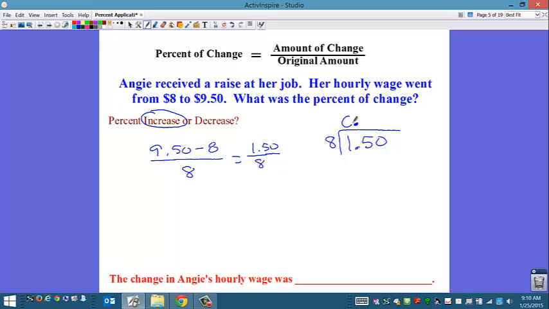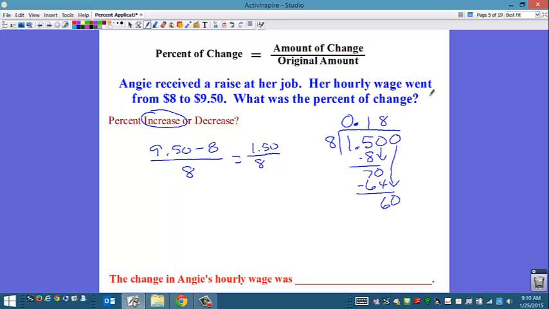8 doesn't go into 1, but it goes into 15 one time. Subtract. You have a 7, bring down a 0. 8 goes into 70 8 times, which is 64. Subtract. You have a remainder of 6. Now, we don't stop here. We've learned that we can go ahead and keep adding zeros and dividing until we have no remainder.